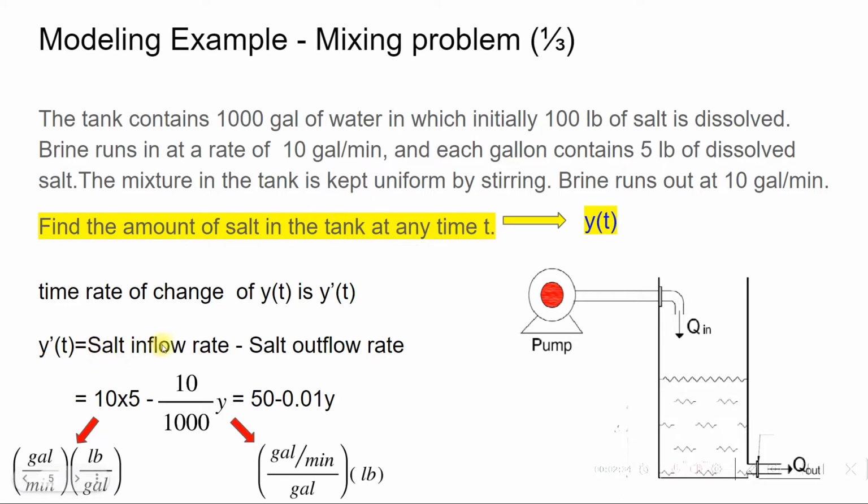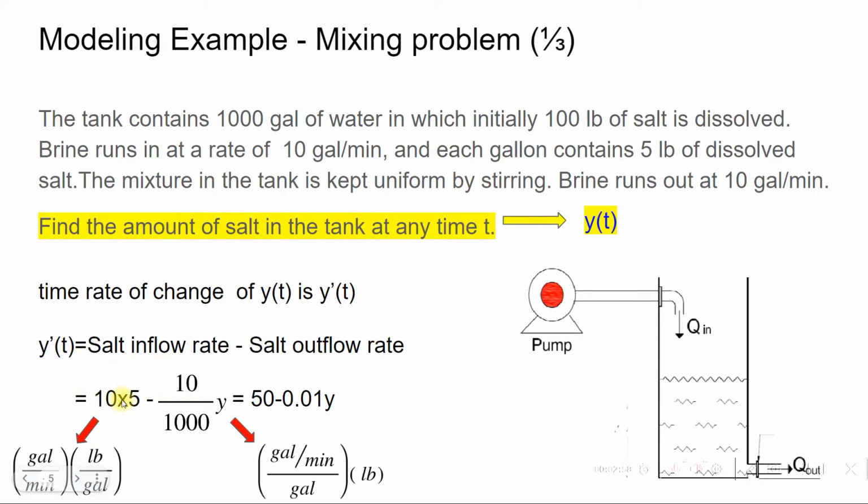Salt inflow rate represents the amount of salt being added into the tank per unit time. And salt outflow rate represents the amount of salt being taken out of the tank per unit time.